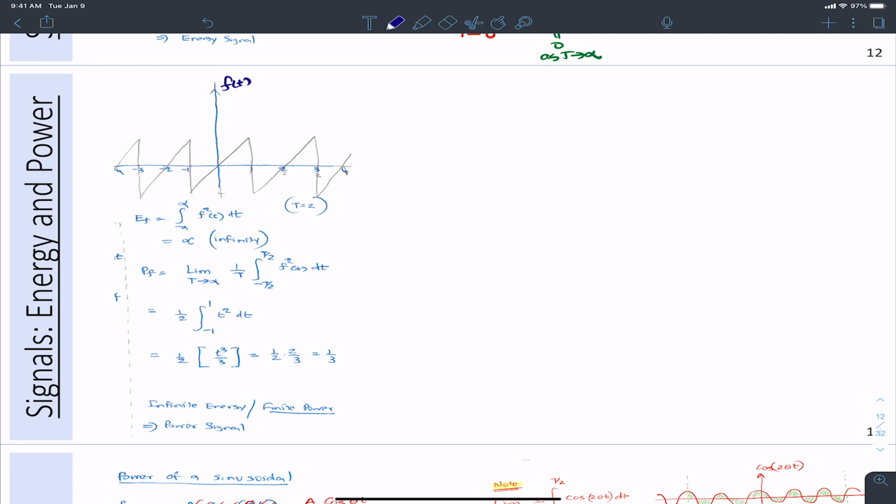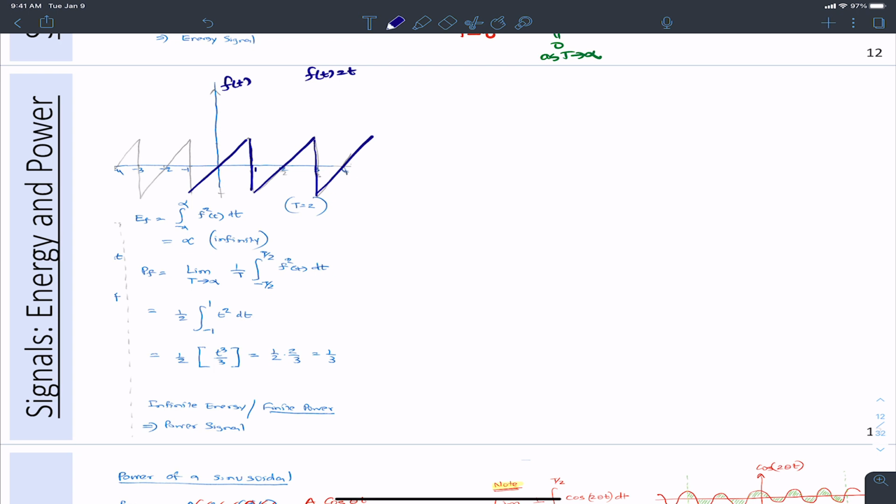It is from -1 to 1. It is basically f(t) equal to t, and then that signal repeats, and it's sometimes called a sawtooth signal. So let's compute the energy of the signal.